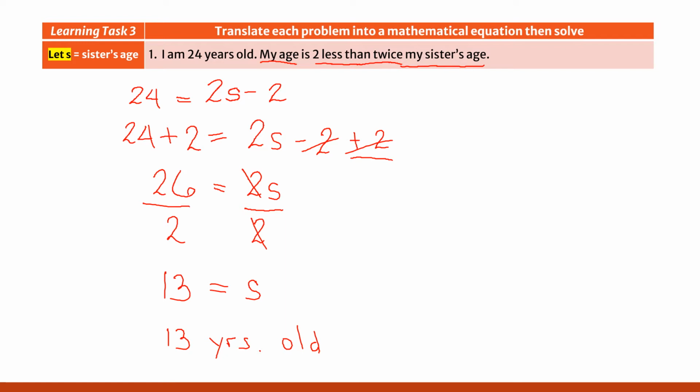So that is 26. Tama? And 26 minus 2 is 24. So nasatisfy natin yung given problem na my age is 24, which of course 2 less than twice of 13. And the answer in this problem is what? 13 years old. Okay?